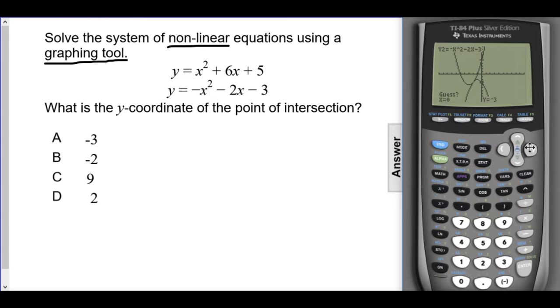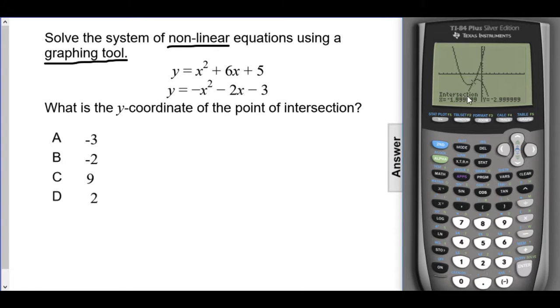And then we'll move using the left or right arrows to where we think they're going to intersect, which looks to be right about there. And we'll hit enter again. So now the calculator says that the intersection is at x equals negative 1.9999 and y equals negative 2.999.